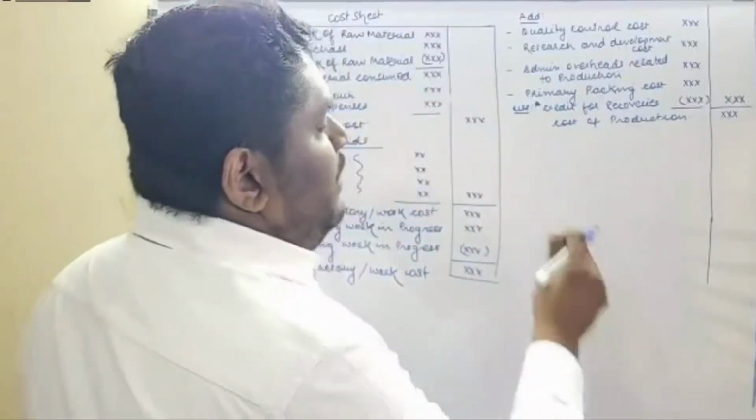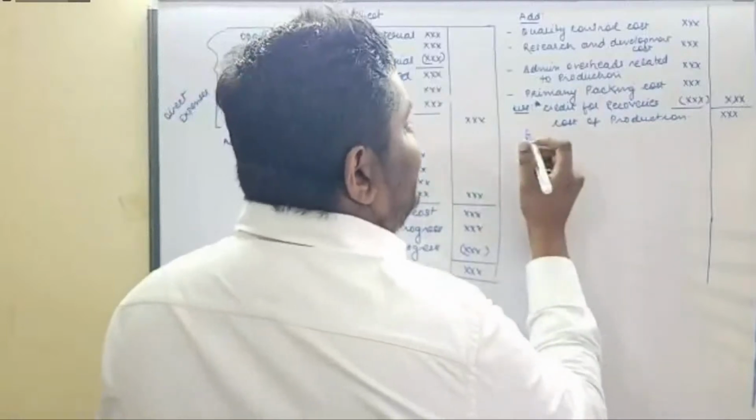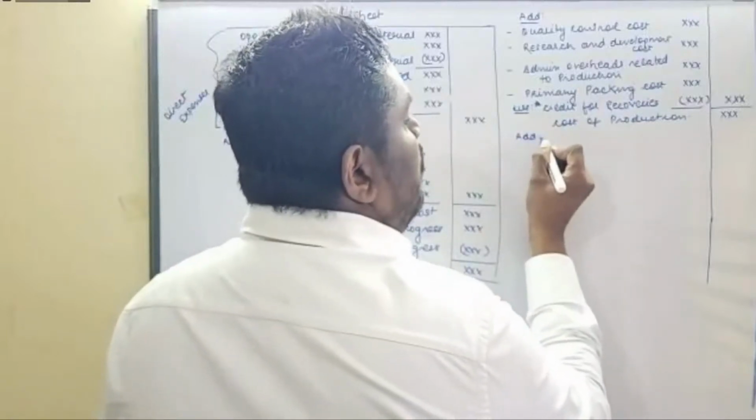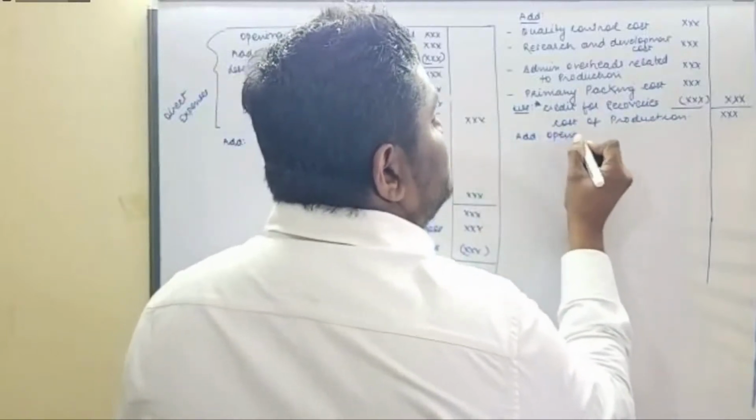Now, after calculating the cost of production, we will make adjustments of opening and closing stock of finished goods.